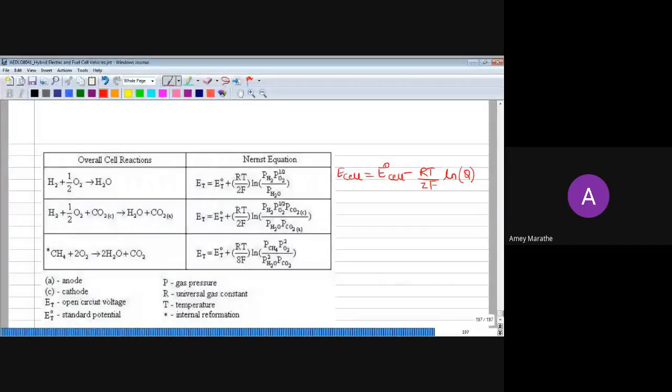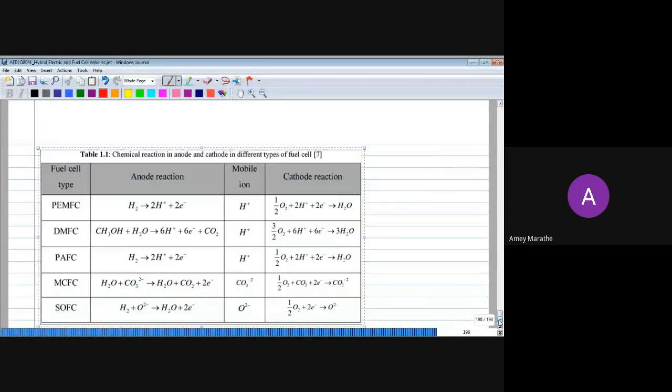So there are a lot of ways. If you are confused, I can also give you this. For different types of fuel cells, what are the reactions happening at the anode, what are the reactions happening at the cathode, and you can point out how many electrons are released, and from that you can calculate the open circuit voltage for that particular fuel cell.